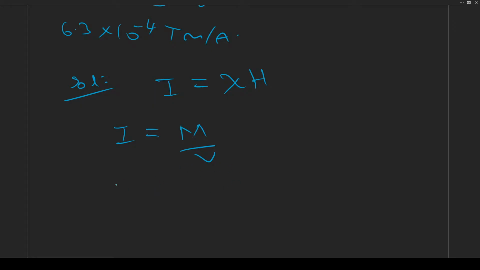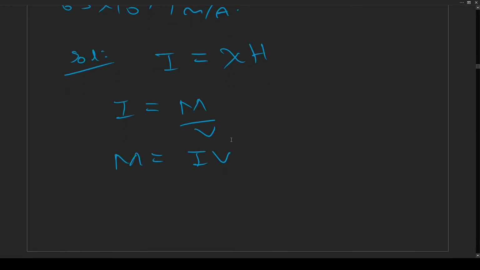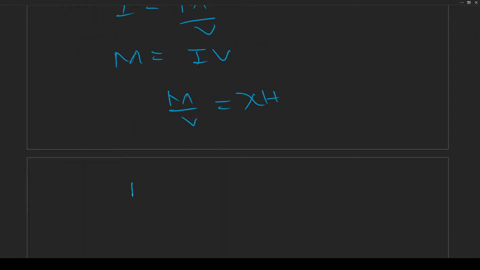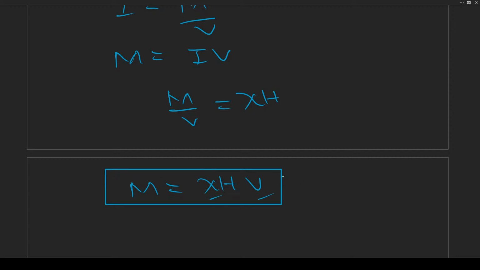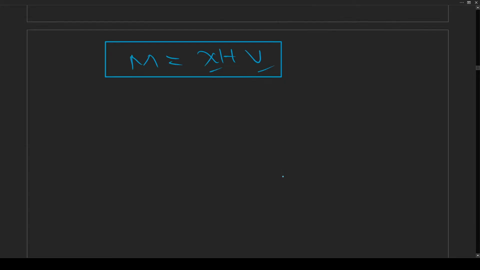So M is equal to IV. So the final formula: M by V is equal to chi H, meaning magnetic moment of material is equal to chi H V. Now we do not know the value of chi or V; we do know the value of H. They gave permeability value.